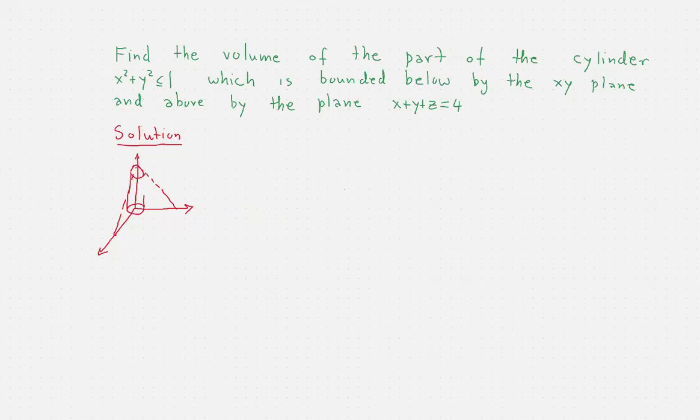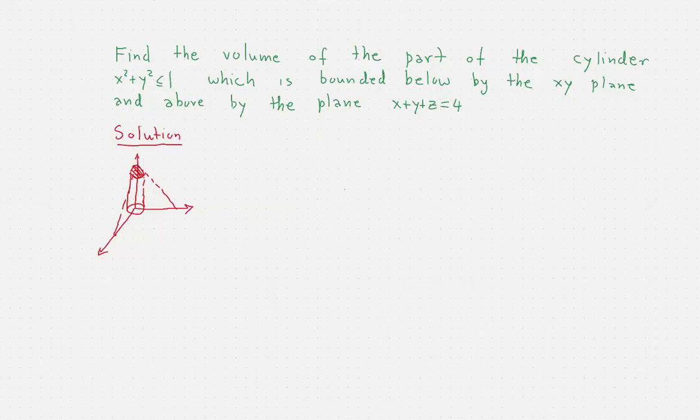And we would like to find the volume of this cylinder. And I'm sorry, the volume of this 3D region. It's not really a cylinder because the top is cut by this other plane.